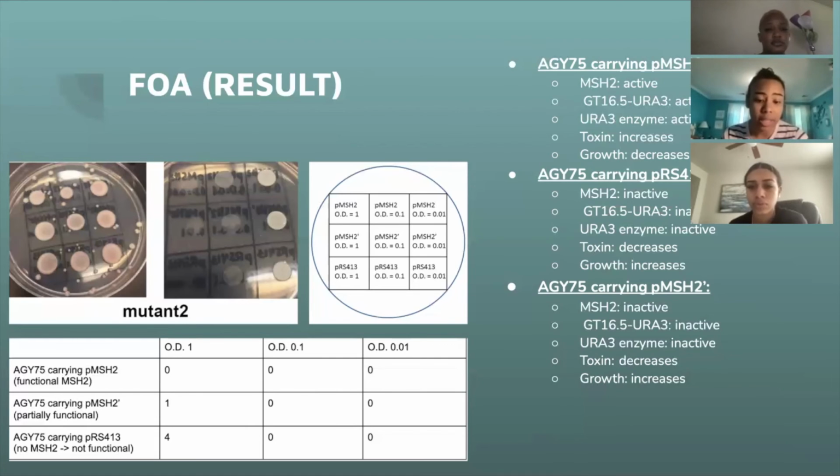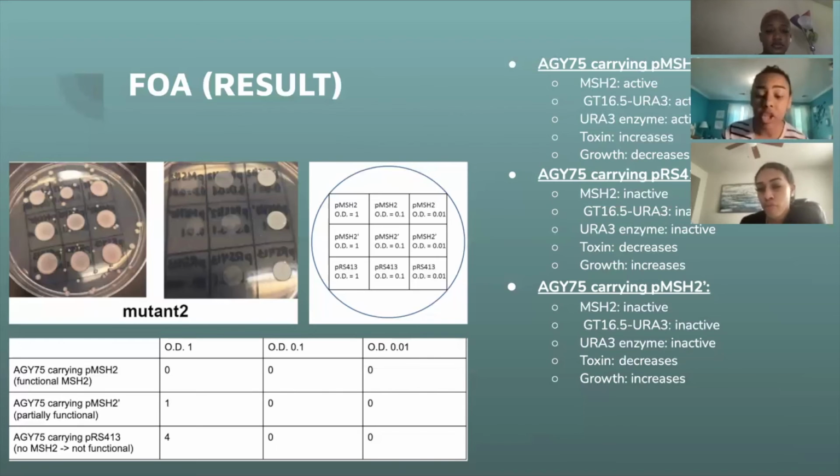So the GT16.5 URA3 as well as the URA3 enzyme will be inactive. And that, in addition with the FOA on media, will not increase the toxin, it will decrease the toxin. That will lead to a lot more mutation and thus a lot higher growth. So you can see that in the last row, AGY75 that carries the PRS413 has the highest mutation rate.